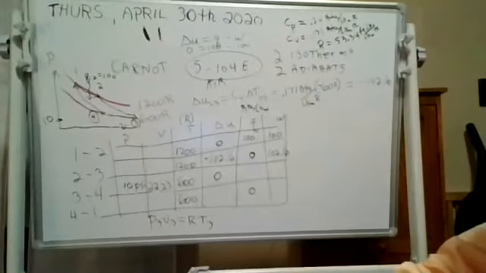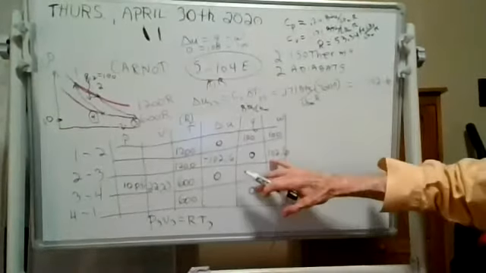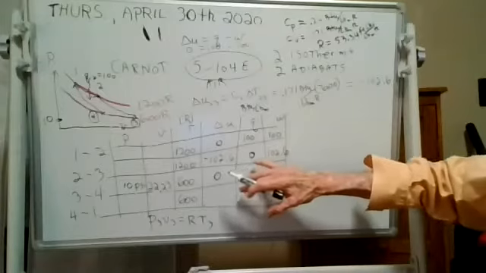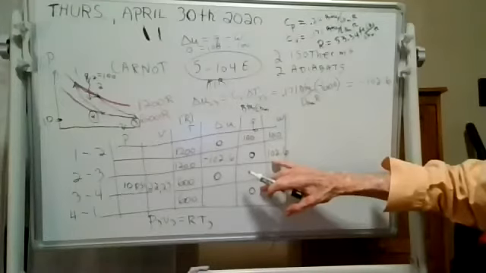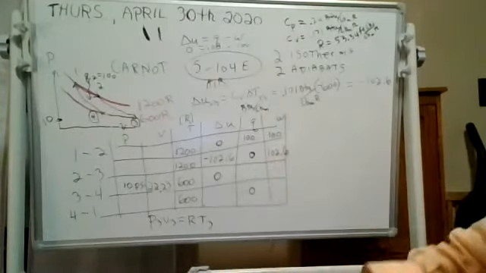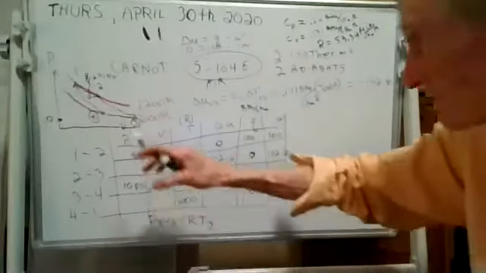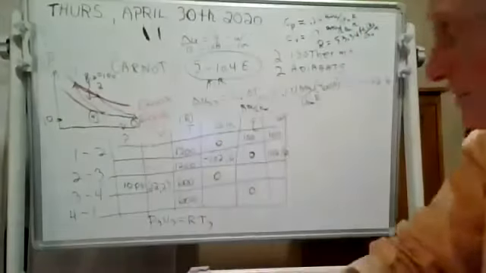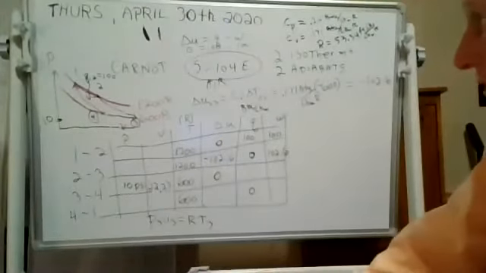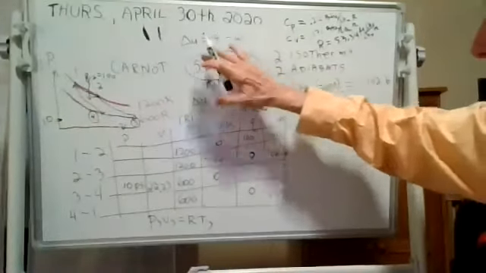Oh, no, wait. It's 2 to 3. Sorry. I was thinking 3 to 4. But it has to be plus because look, going from 2 to 3 is expansion, and expansion work is always positive. And if you plug this in here, let's plug it in and see if the numbers work.